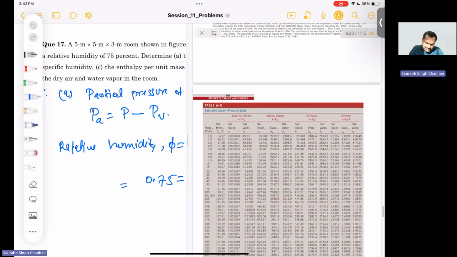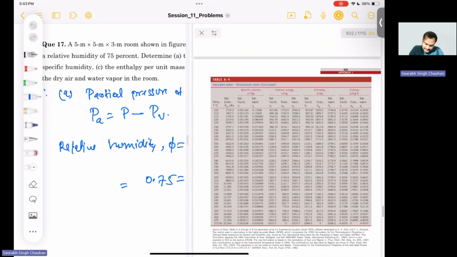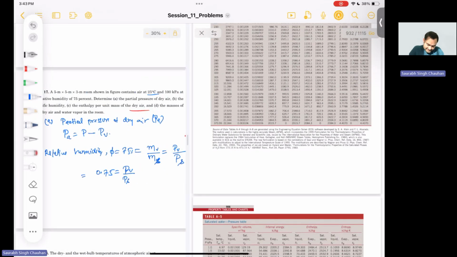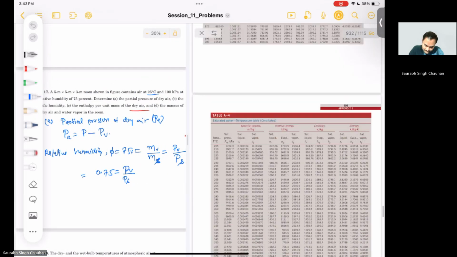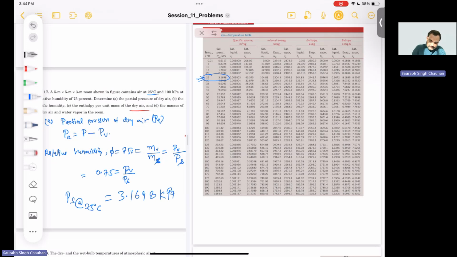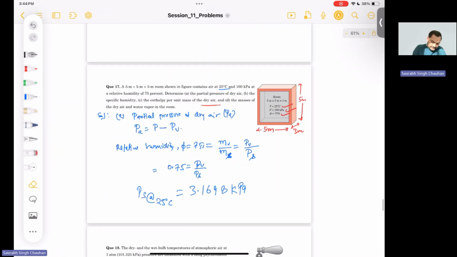This is the saturation table, at what temperature? 25 degrees Celsius, right? Okay, here we are at 25 degrees Celsius. The saturation pressure at 25 degrees Celsius is 3.1698 kilopascal.